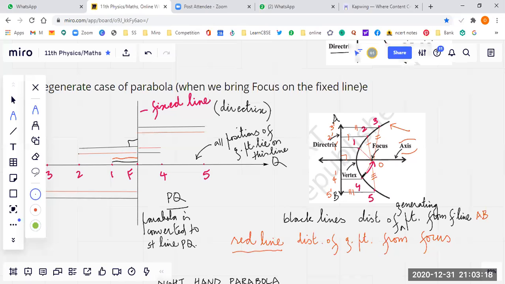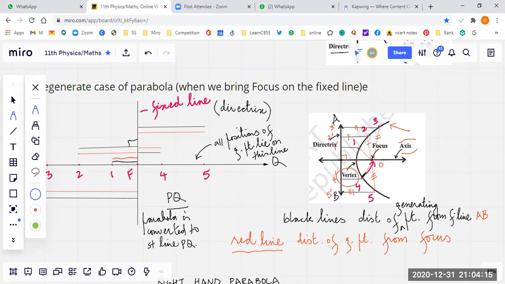And the point on the parabola which is the point of intersection of the parabola with the axis, see, where the parabola is cutting the axis at this point, this is known as the vertex of the parabola.